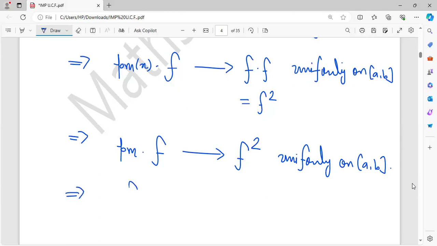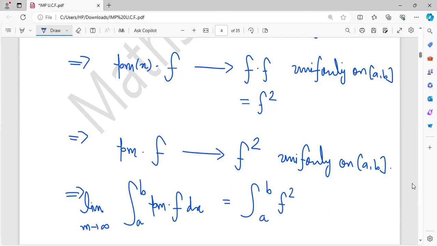This implies the integral from a to b of p_m(x) f(x) dx, as m tends to infinity, is the integral from a to b of f square dx. Let me write this in a proper way.